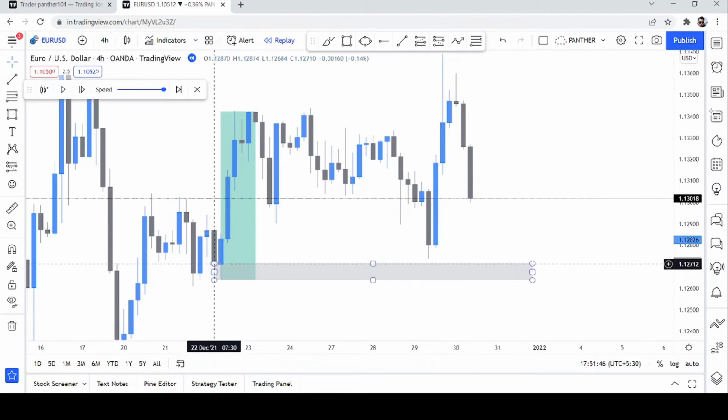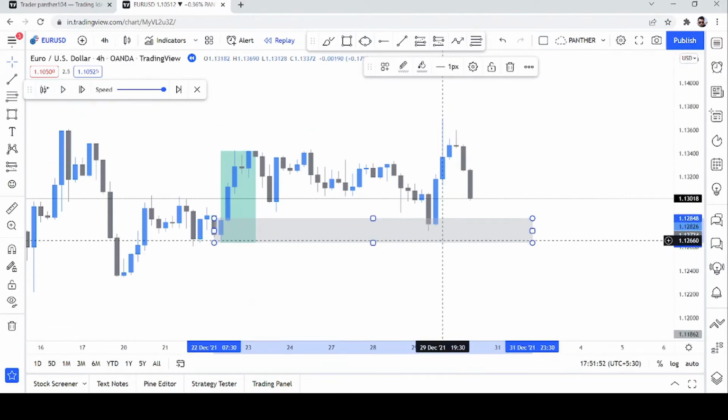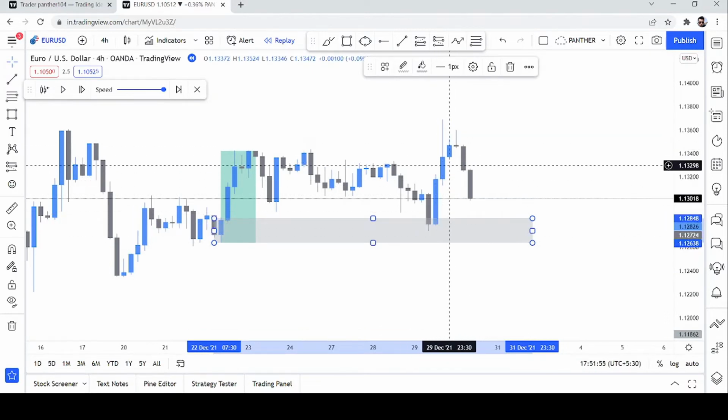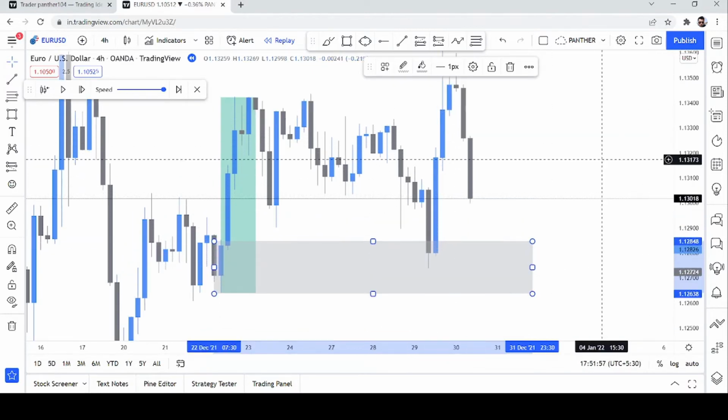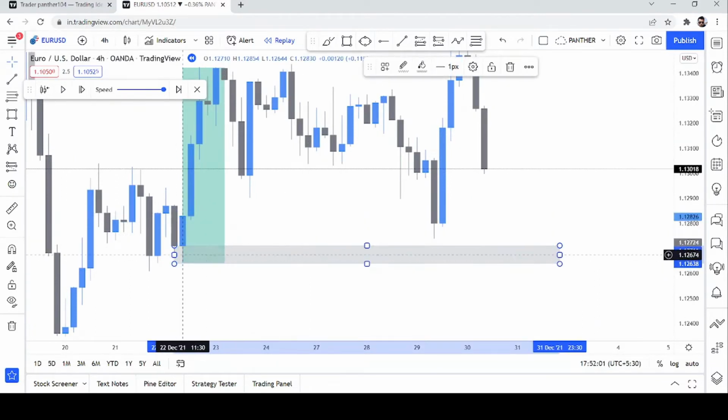If you would have chosen this zone, this whole candle as your order block, then you would have had a very good trade here. But what I did, I chose this wick. This wick in itself is an order block, as I said. And when you move to 1 hour, you saw that this was an order block.